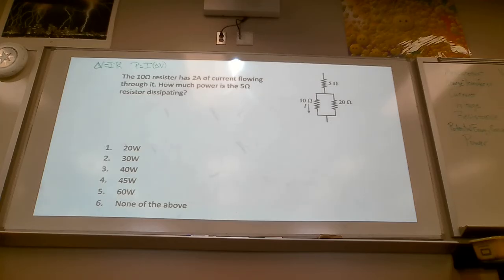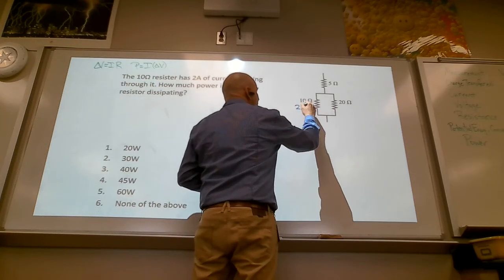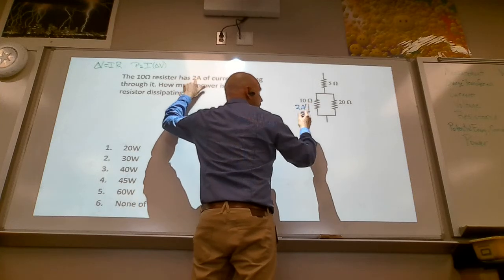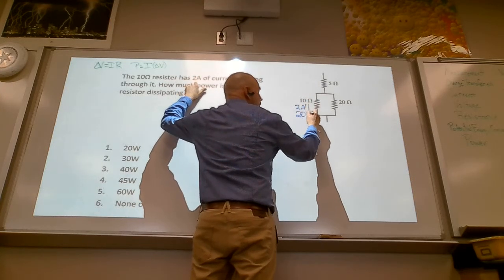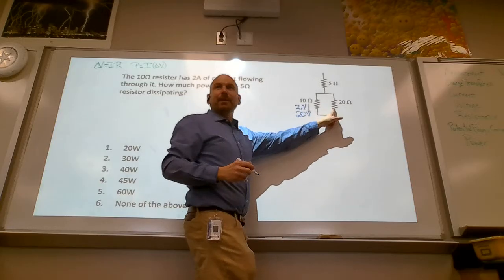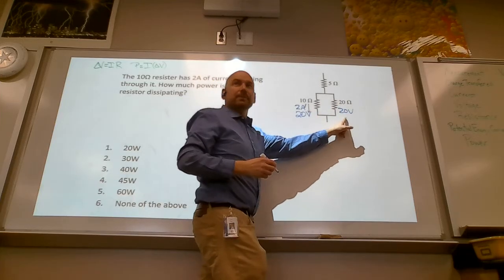Thumbs up. You got something? Correct answer is 45 watts. Here we go. Ready? You know there's 2 amps going here, given to you. So you're missing information, voltage. You have 20 volts. This is in parallel, so also 20 volts.